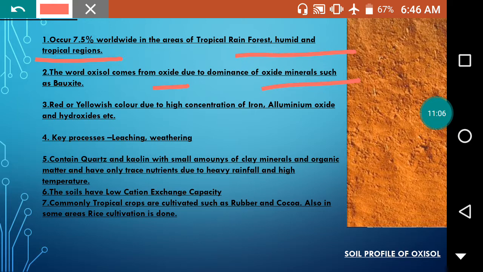And the color of the soil is red or yellowish because of the iron or aluminum oxide. Leaching and weathering are the key processes, and they contain quartz, kaolin in small amounts, and minerals and organic matter, and have only trace nutrients due to the heavy rainfall. And after that, soils have a low cation exchange capacity. See here, commonly tropical crops are cultivated such as rubber, cocoa. Also in some areas rice cultivation is done.